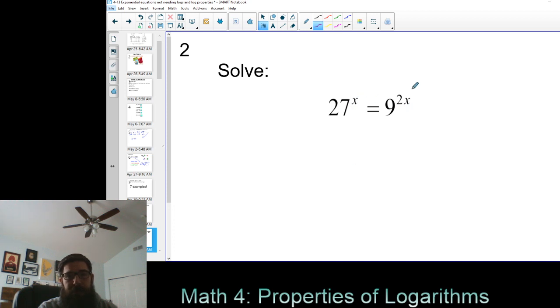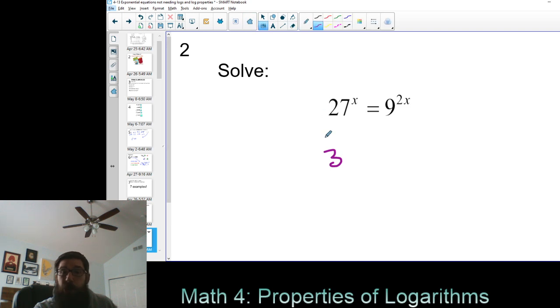27 to the x equals 9 to the 2x. I can't make 27 out of 9. So what I'm going to do in this case is rewrite both 27 and 9 with 3 as my base. 27, from a couple slides ago, is 3 cubed.